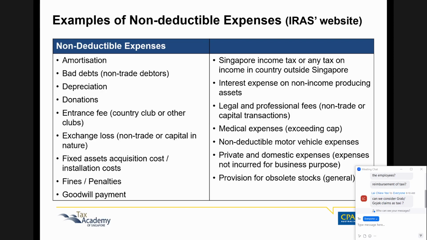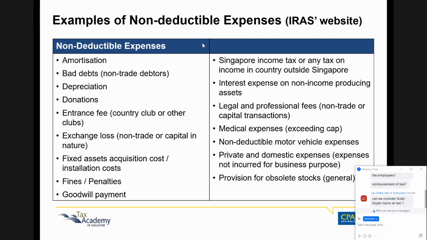Legal and professional fees, those not relating to trade. Your medical expenses, those that exceed the cap. Non-deductible motor vehicle expenses, we've gone through the table just now. The private and domestic expenses. And then there's provision for obsolete stock, general. This general or specific is based on your accounting rules.